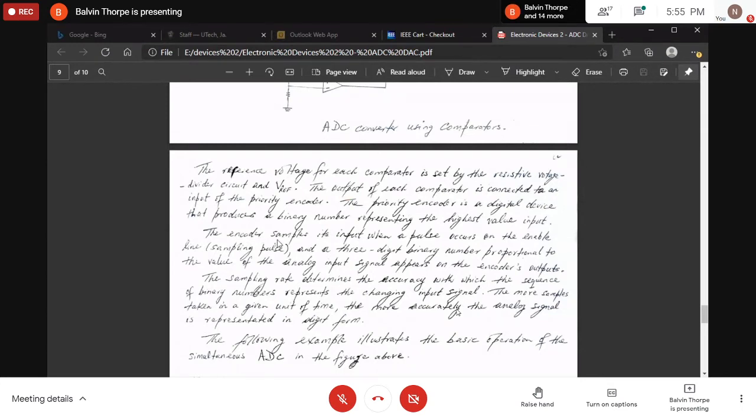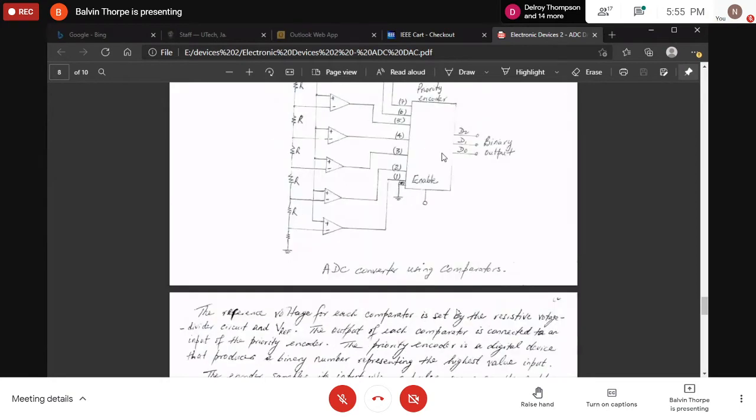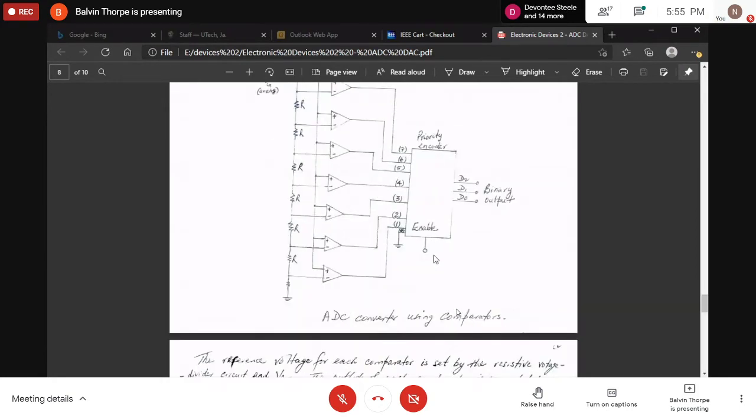So the encoder samples its input. What the encoder is doing now is checking its input when a pulse occurs on the enable line. If you notice, the encoder has what is called an enable line. When the enable line is active, it checks all the inputs and sees which one of the inputs actually has a signal, and then based on that, it converts it to a signal value and puts it on the output.